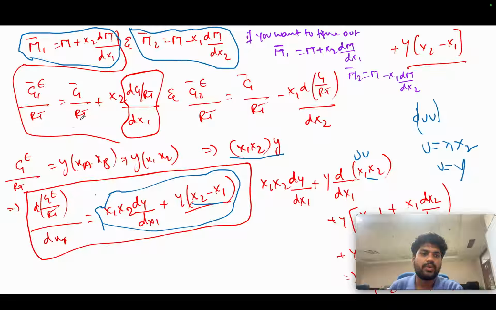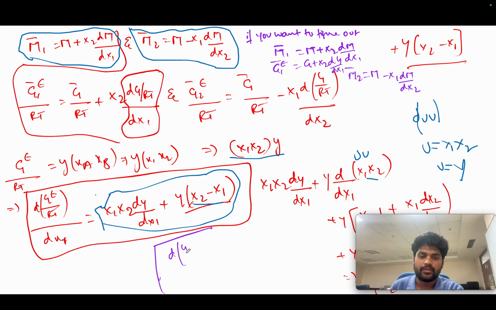So I use these two equations to represent g of 1, the excess Gibbs energy. And I will do it here as there is no space.